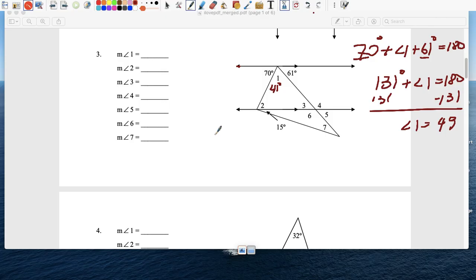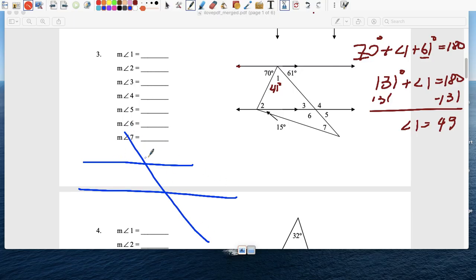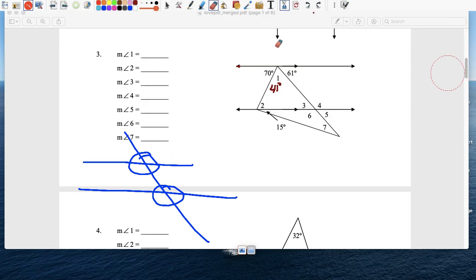This one, and then, I don't know if I say this is 15 degrees or angle 2 is 15 degrees. Well, anyways, do you see this relationship right here? 2 parallel lines, transversal. Do you know that these 4 and these 4 are the same? That's going to be key here. If you continue that line, which you're allowed to do, you know you have these angles here.